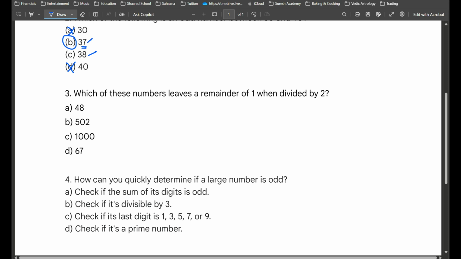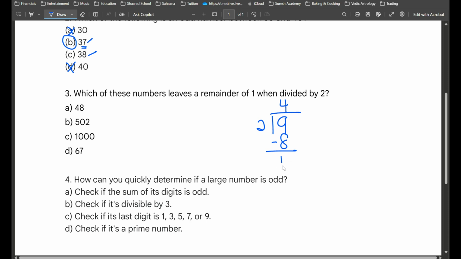Okay, question 3. Which of these numbers leaves a remainder of 1 when divided by 2? Now, let's take any number, for example, 9. If I take 9 and I divide it by 2, I will have remainder 1. Now, this is part of the definition for odd numbers.